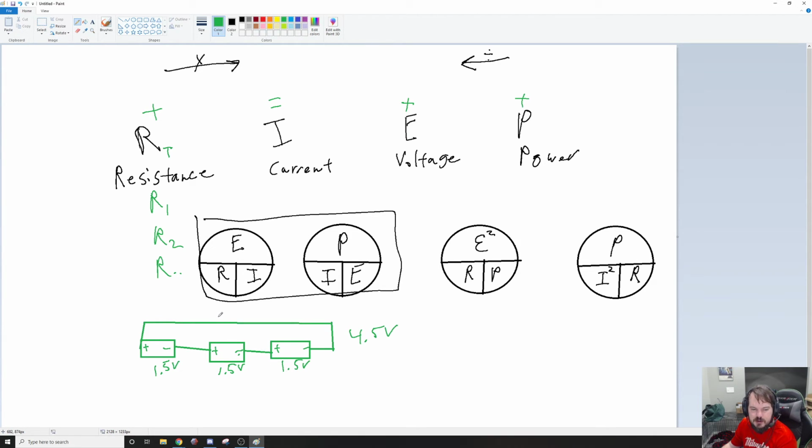Now, if you swapped one of those around, or put a new battery in that was backwards, so this battery is flowing against the grain, and let's say it's 2 volts, and it's flowing backwards. So now your actual voltage isn't 4.5, it's going to be 2.5 because it subtracts.